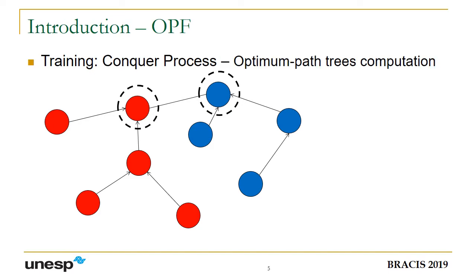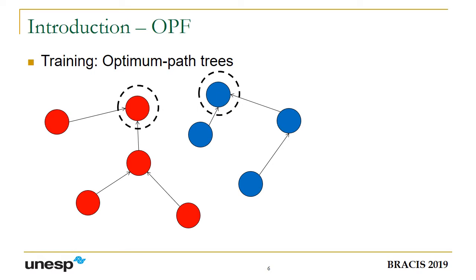So we start a conquer process in which we compute an optimum path for each instance to a prototype. So from the conquer process, we have optimum path trees related to each prototype.